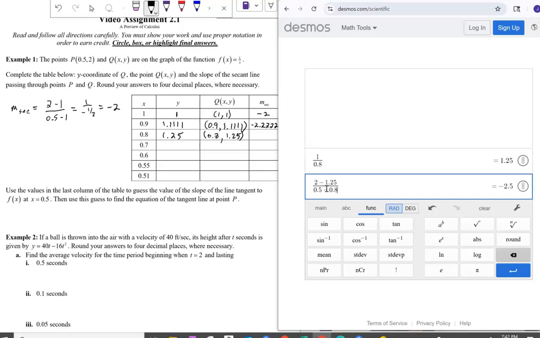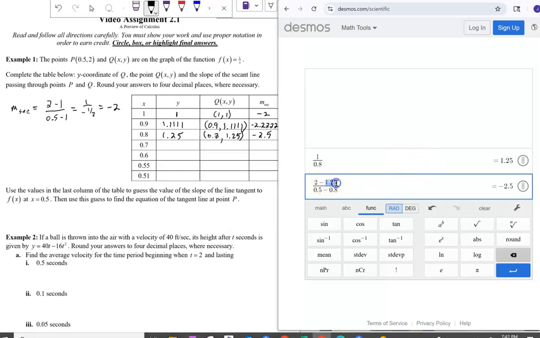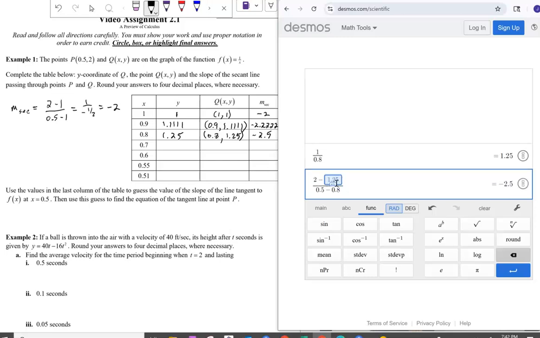And we get -2.5. One thing you can do on Desmos here is you can actually put ANS for answer, and it'll automatically take the answer from the previous line. So if I go ahead now and change this to 0.7, and change this to 0.7, I've now found the slope for the next row.